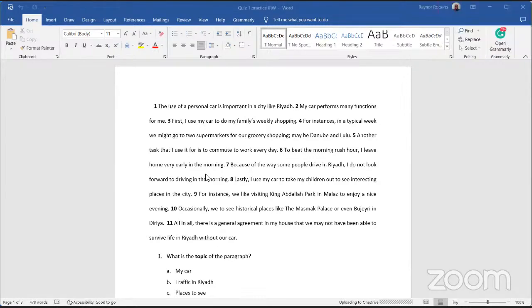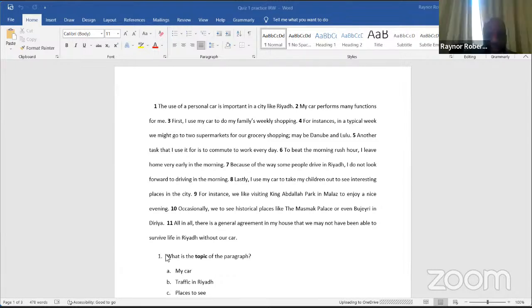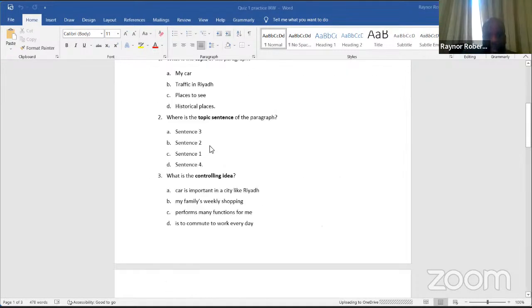Sentence 5. And what sentence is the last point? 8. All right, because it says lastly, right? Yes. So the answer here would be B.